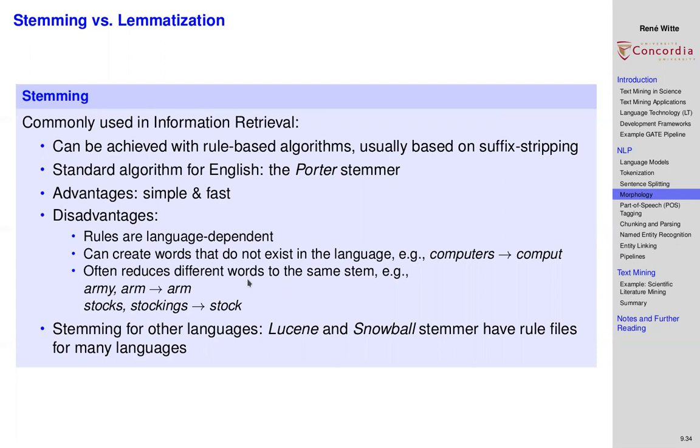But the downside is that it makes a number of simplifications that are really not helpful when you want to do a deeper analysis. For things like army and an arm, again, it strips the suffix and both are reduced to the word arm. But there's a big difference between an arm and an army. Likewise, for stockings and stocks, it reduces both to stock.